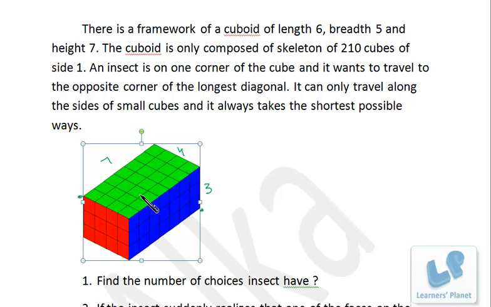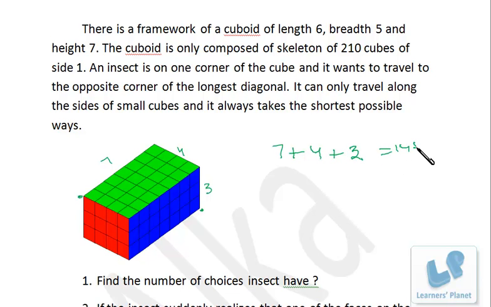So in this particular cuboid, to reach from this place to this place, it has to cover 7 plus 4, 11, and 3, 14 steps. Among these 14 steps, 7 correspond to length, 4 to breadth and 3 to height.